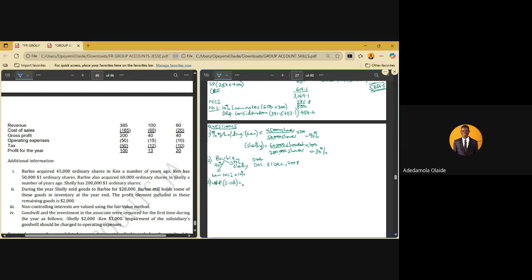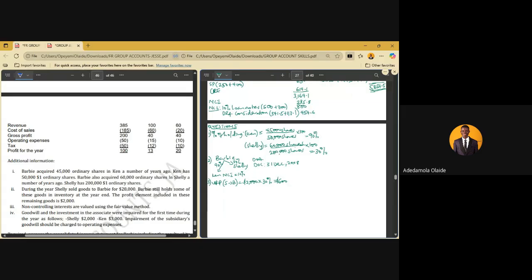That will just be the 2,000 multiplied by 30%. Don't forget, the unrealized profit in the associate will be accounted for at the percentage they are holding there. So that will give us 600. 600 is the unrealized profit.